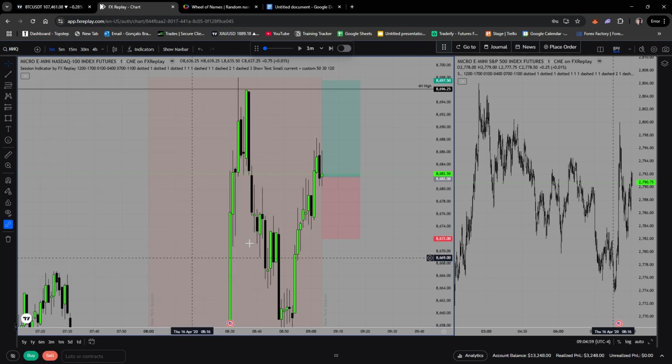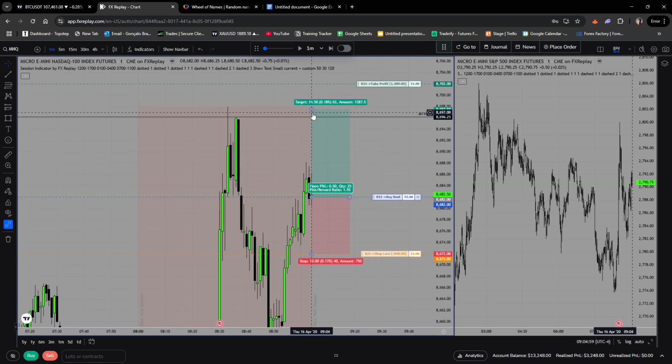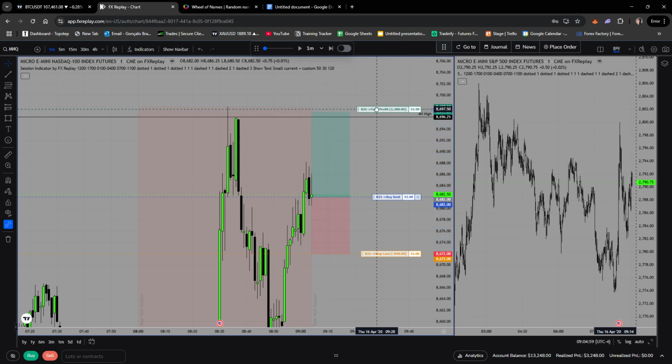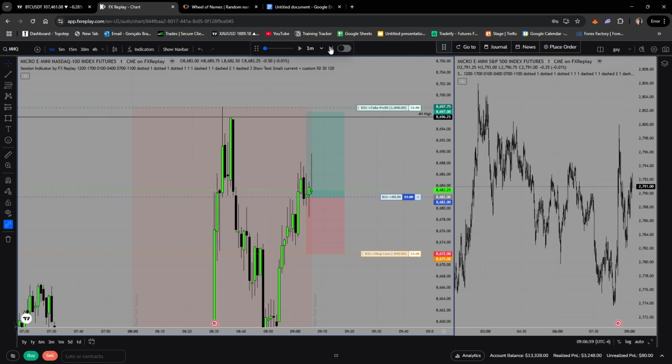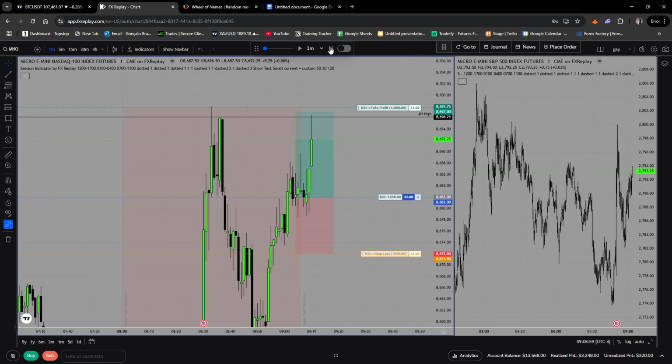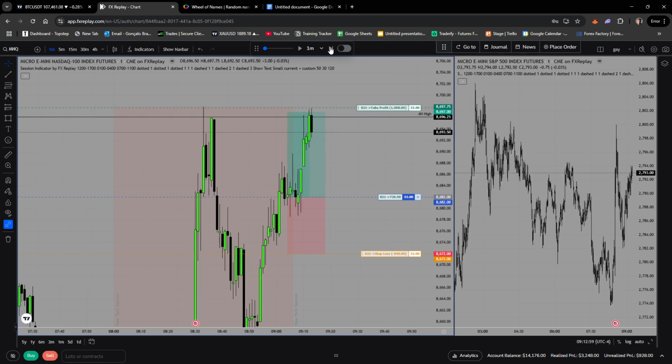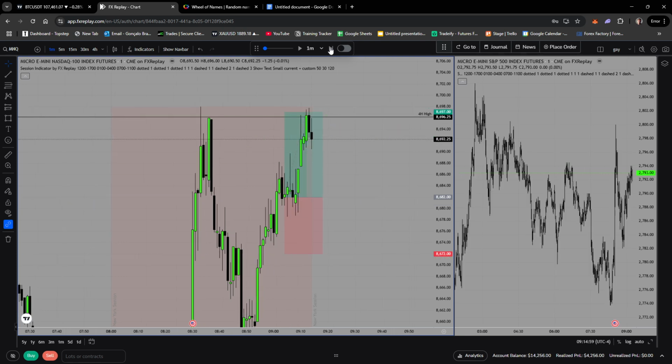No risk free. Go for the wick high here. Boom. 1.5. We have recovered the drawdown here.